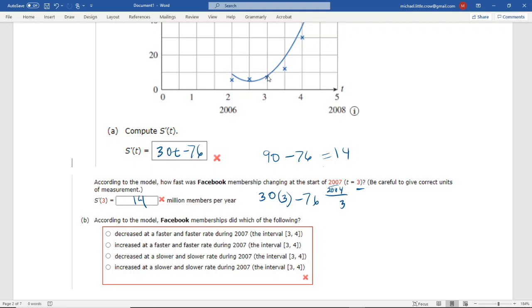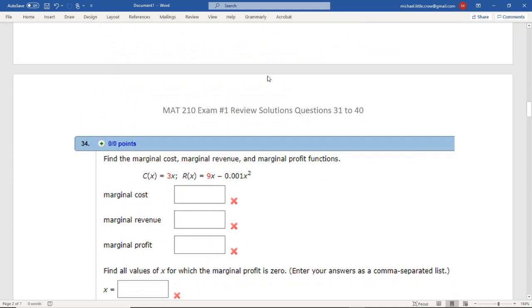Okay, so during 2007, so that's this period. Decreased at a slower and slower rate, increased at a slower and slower rate. If we were to draw all these tangent lines, it is increasing, and the increase is going faster. Increased at a faster and faster rate. So the rate is getting faster as we go through that, because the tangent line is getting steeper.